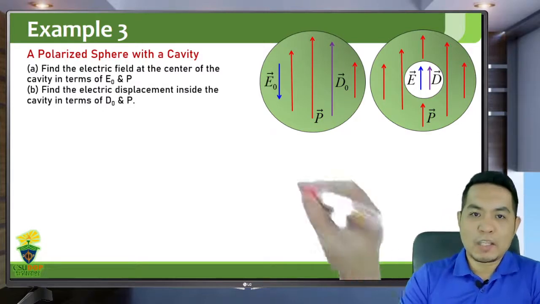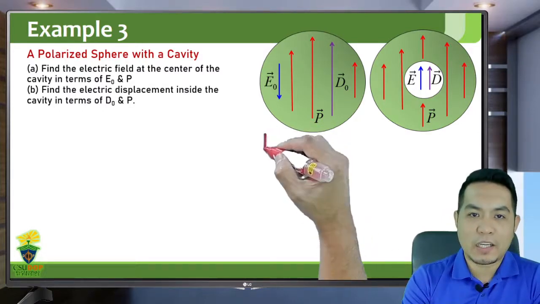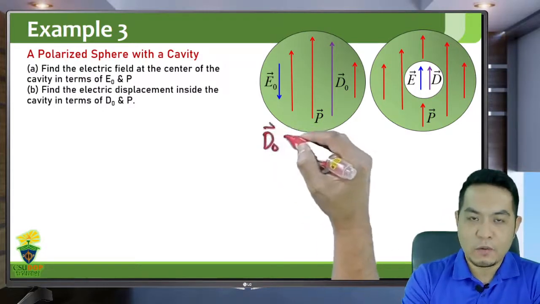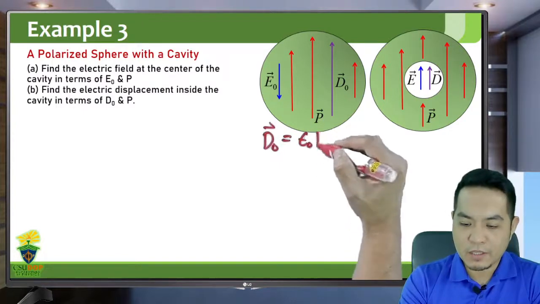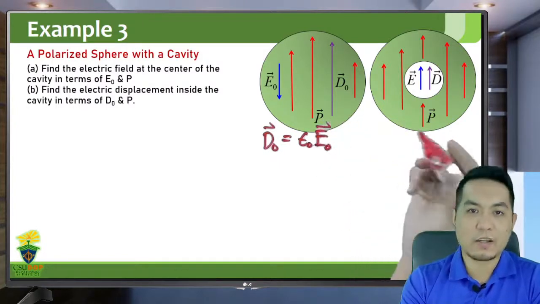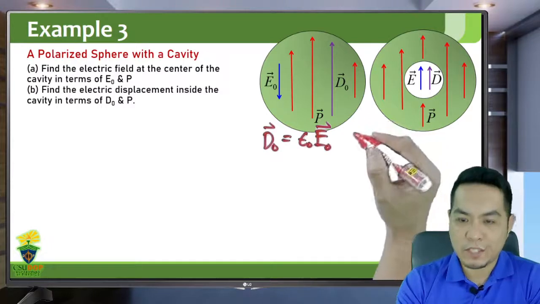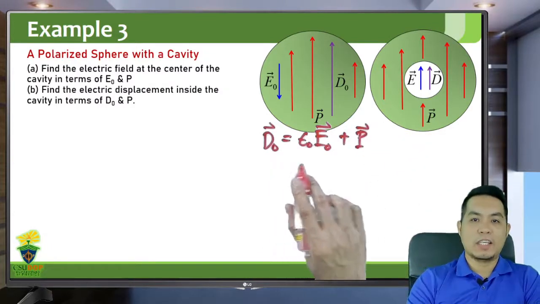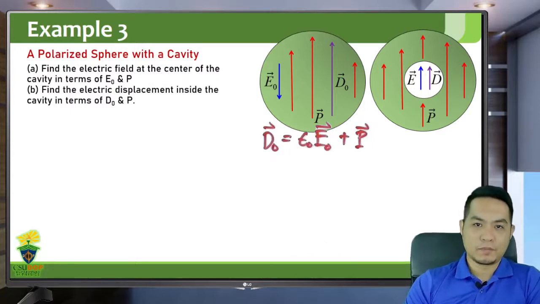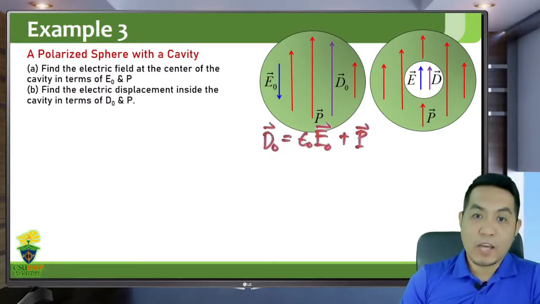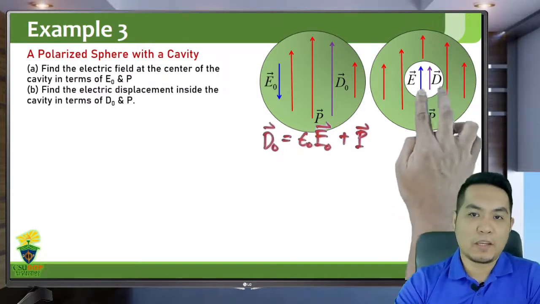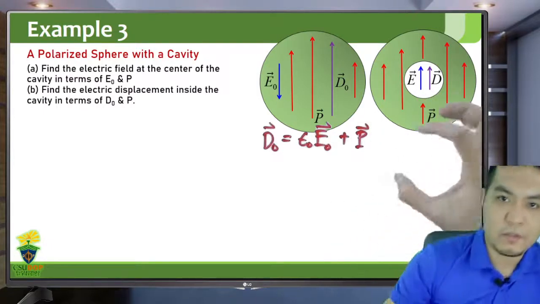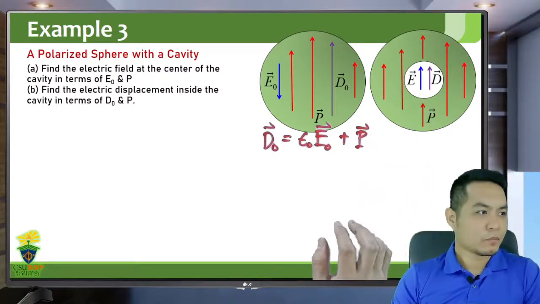The original electric displacement in this case will just be epsilon naught times the original electric field without the cavity plus the polarization. This is D naught, the original displacement. And you're essentially asked to find the electric field and the displacement inside the cavity.